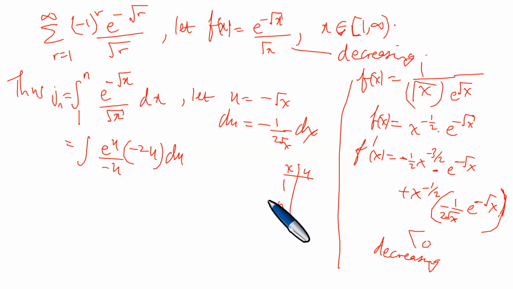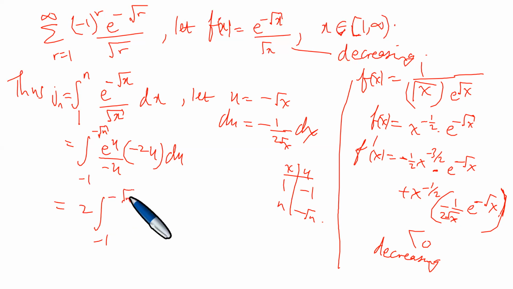From 1 to that: if x is 1, because this is in terms of x, u is going to be minus 1, and the upper limit is minus the square root of n. This u now is going to cancel this. Negative and negative cancel out, giving us a positive u. And then you have u e to the u du.